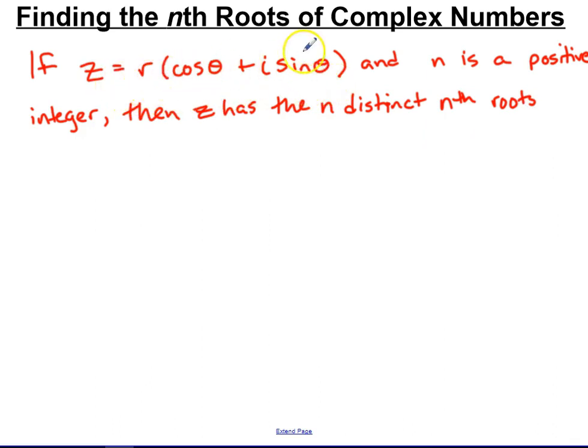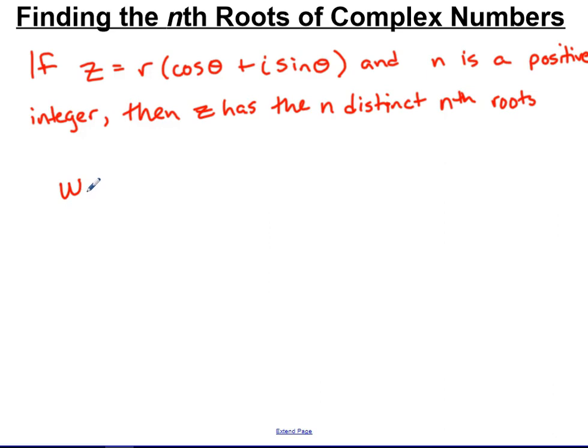You could write it as r cis theta. And we want to find the nth roots, where n has to be a positive integer, like 2 or 5, like we showed with the x. Then the n distinct nth roots, just like there's 2 square roots, right? And there would be 5 different 5th roots. Well, if I wanted to find the n distinct nth roots, this is how it would come out.